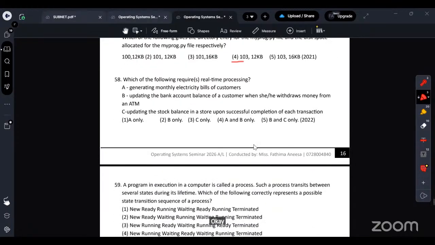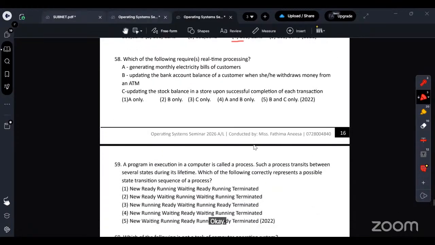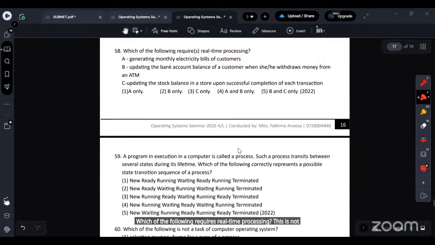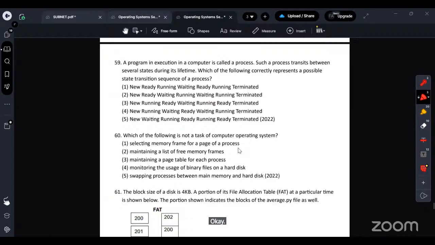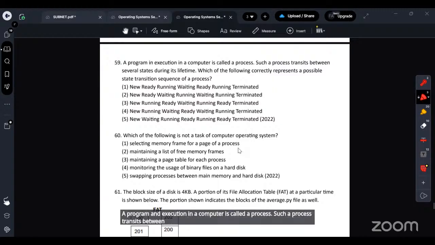Okay. Which of the following requires real-time processing? This is not about operating system, so we'll skip that. Okay. A program in execution in a computer is called a process. Such a process transits between several states during its lifetime.